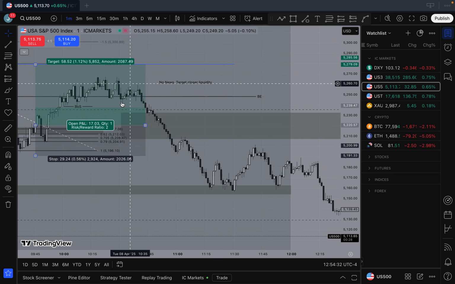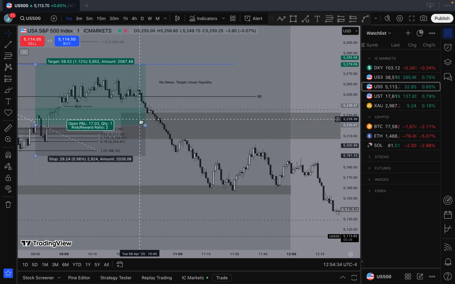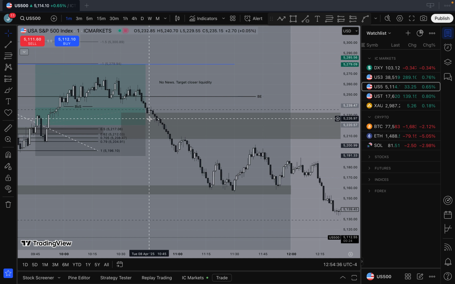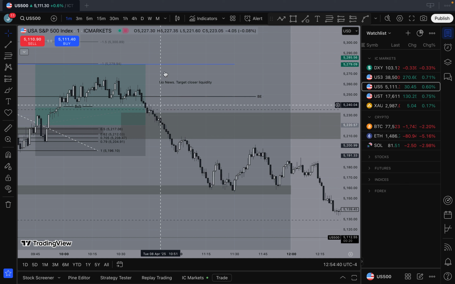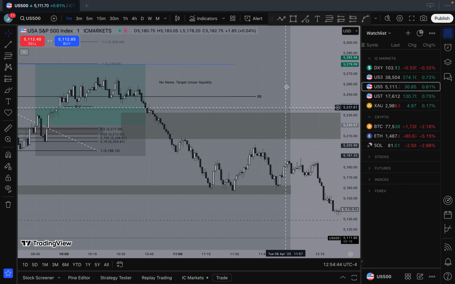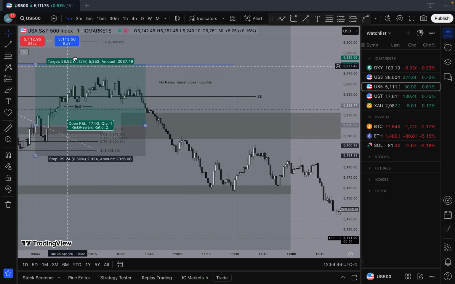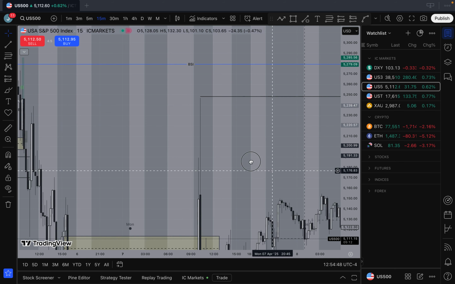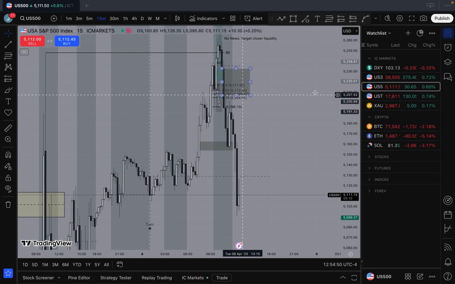Like you can see, when did we actually get there? You know, around 11:15. So I was hoping, you know, maybe at 11 o'clock we'd see that final push before that moved down during the lunchtime and so on. But we didn't get that.